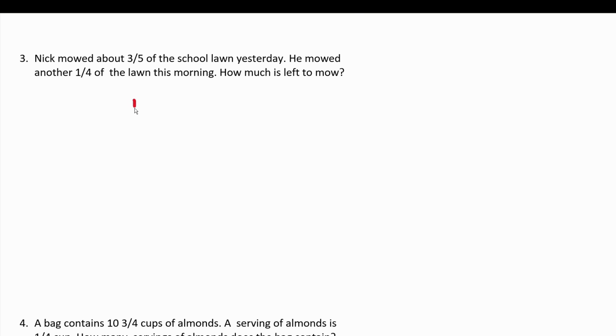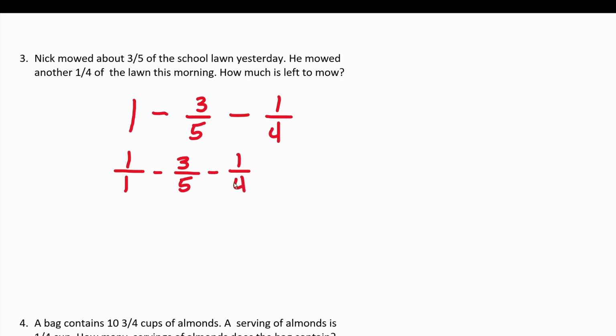So there's one lawn to mow, and he mowed 3/5 of the lawn yesterday and 1/4 of the lawn this morning. So for this one, we're going to do subtraction involving a whole number, a fraction, and a fraction. The very first thing you want to do is rewrite this whole number as a fraction by placing it over 1. So this becomes 1 over 1 minus 3 over 5 minus 1 over 4.